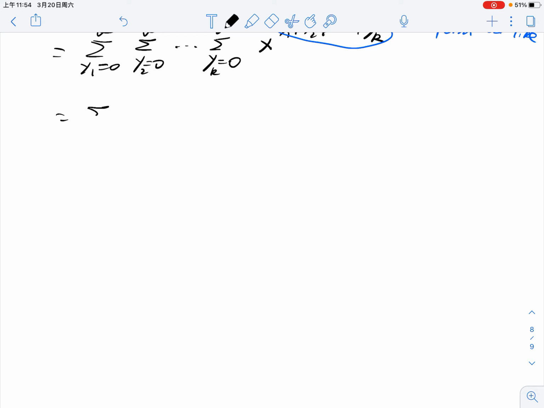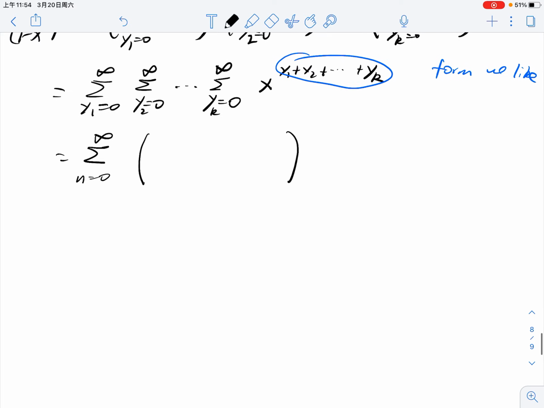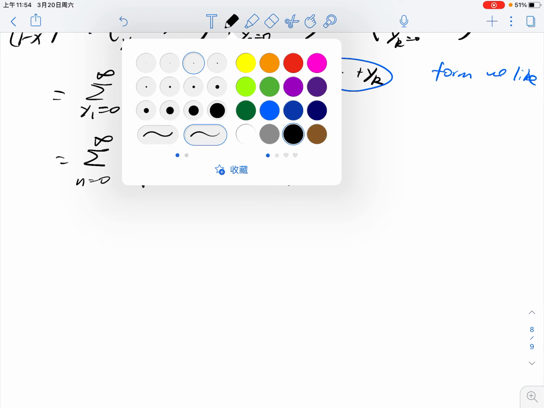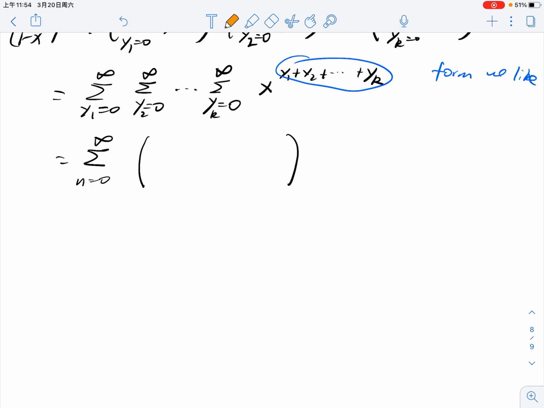Okay, now you sum in a different order. You rearrange the summation by the index, by the power of x.